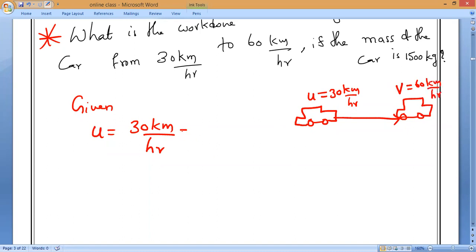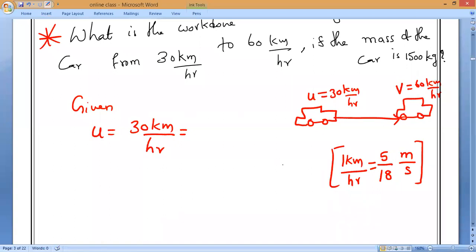Okay, 30 kilometer per hour. We all know 1 kilometer per hour equals how many meter per second? 5 by 18 meter per second. Is it right or wrong?